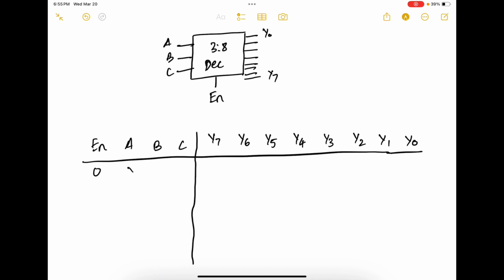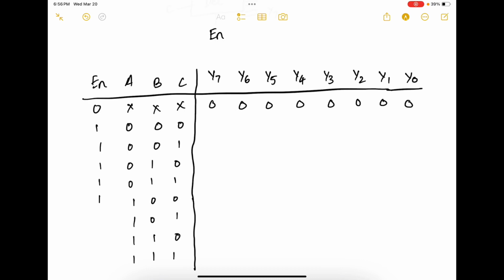When enable is 0, you don't care what the values of A, B, C are. Your output is going to be all zeros. When enable is 1, that is when you can take different combinations for A, B, C. So enable is 1 for all these rows here.